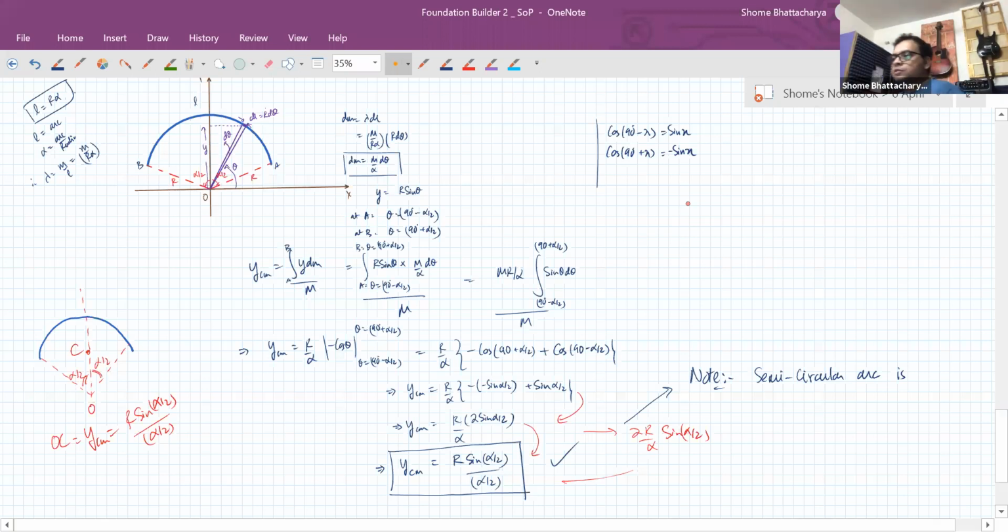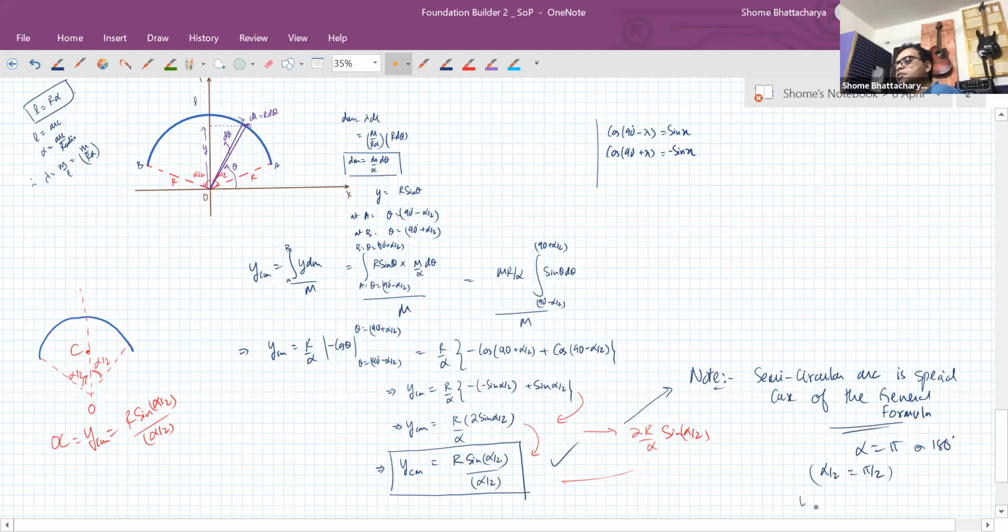Okay, people. So let's get back to this. What I was saying is that the semicircular arc formula that we just developed is a special case of this general formula, where you put alpha as pi or 180 degrees. So alpha by 2 is pi by 2.